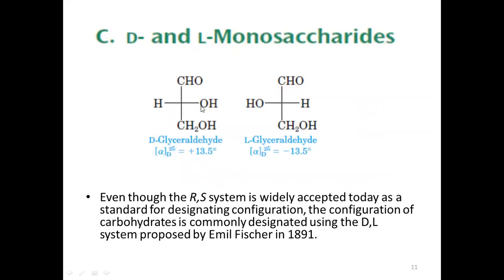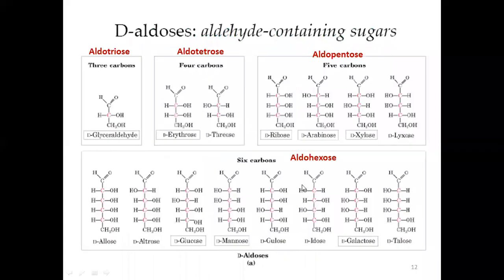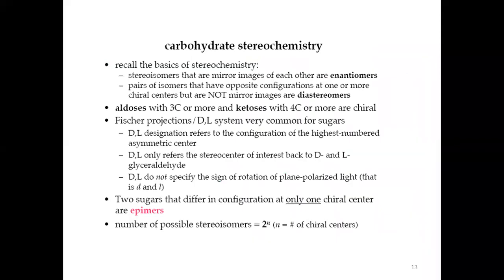So do you have an idea what these are? For these 4 carbons, are they enantiomers or D-aldoses? Remember that aldoses have 3 carbons or more and ketoses have 4 carbons or more.